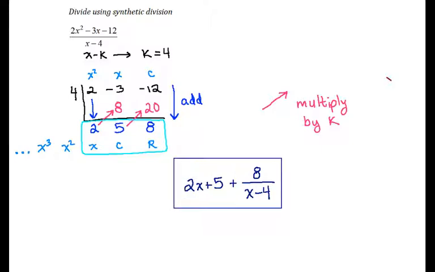So what we really find is that we have a remainder, which we can identify here, and everything else makes up the quotient. So that's where I got my 2x plus 5. 2 is the coefficient of x. 5 is my constant term.